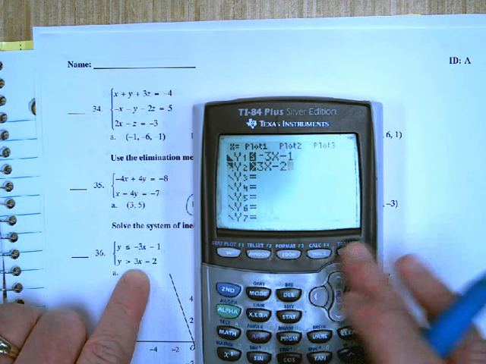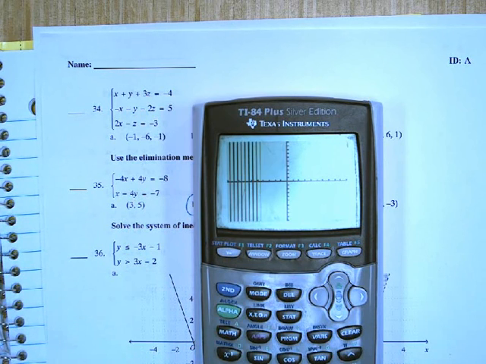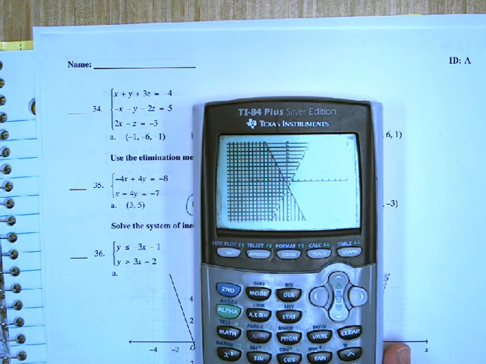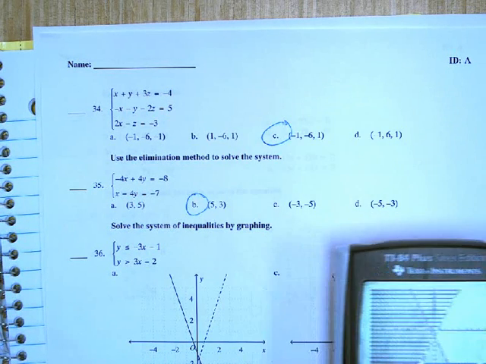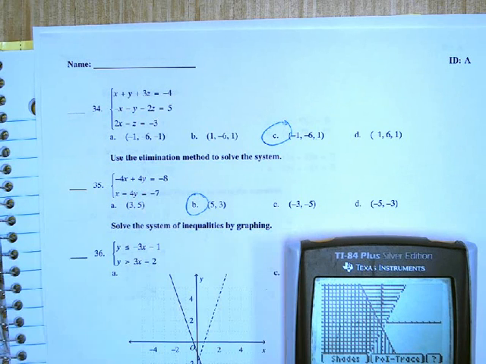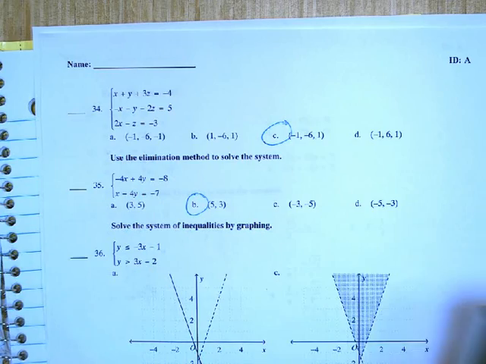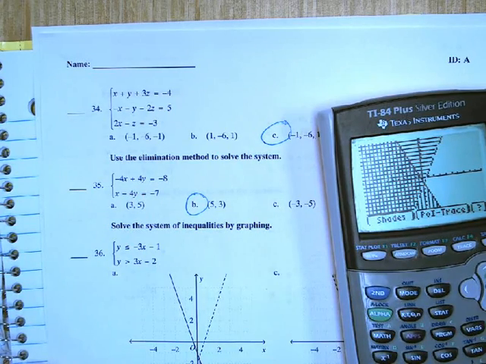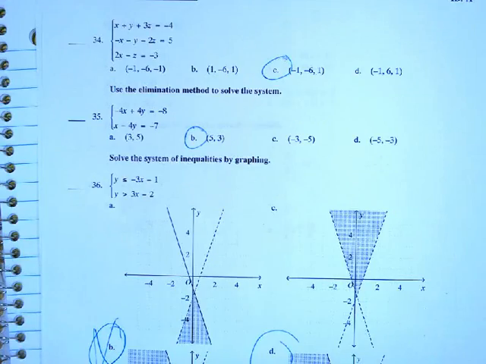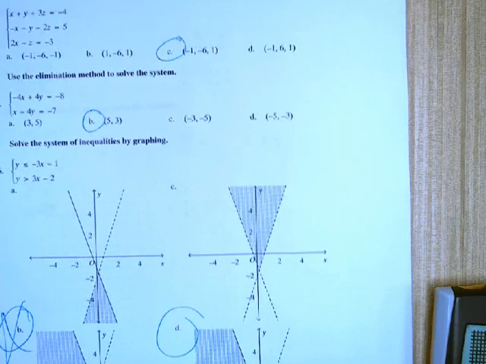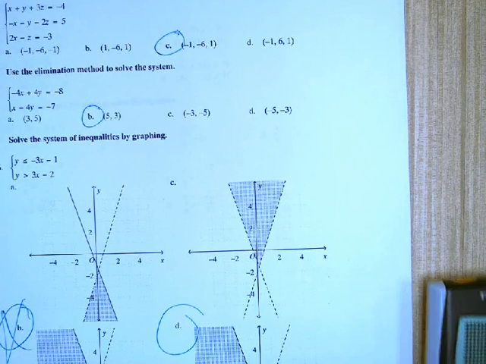And we graph. And the one that we're looking for is the one where it's double shaded, and that is answer choice. Oh, no, not this one. Answer choice D. Because it falls below.